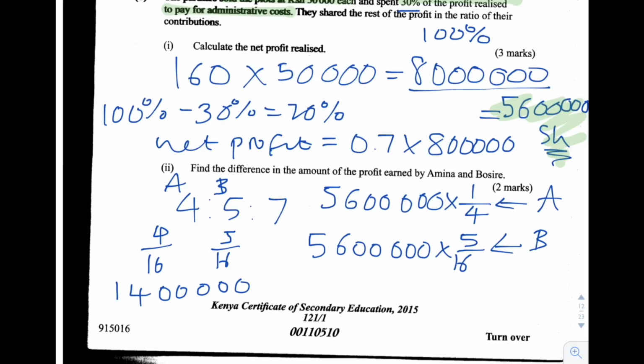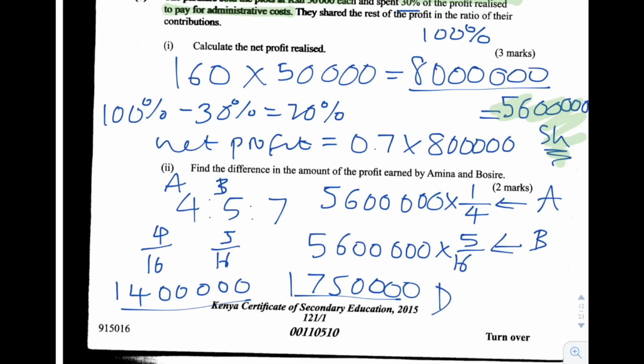So that's multiplied by 5 divided by 16, which is 1,750,000.